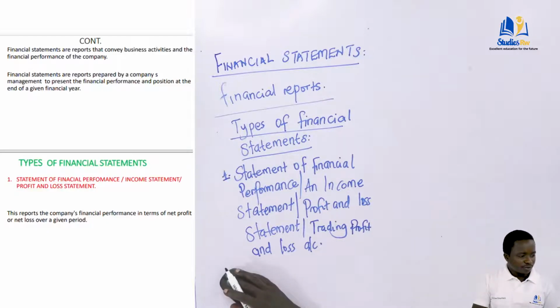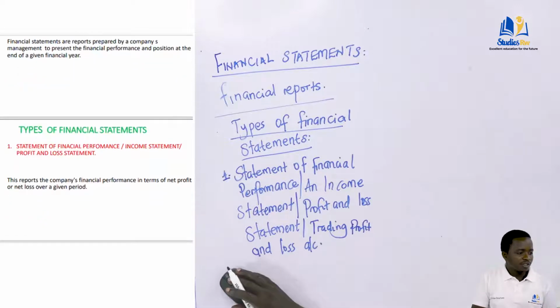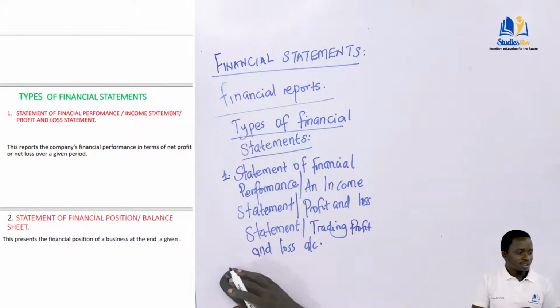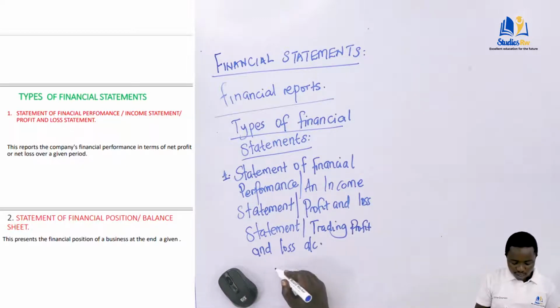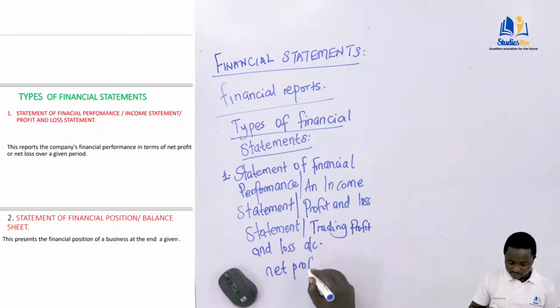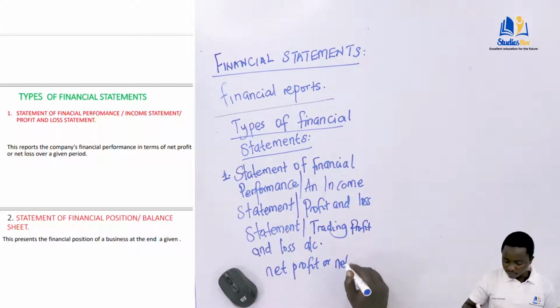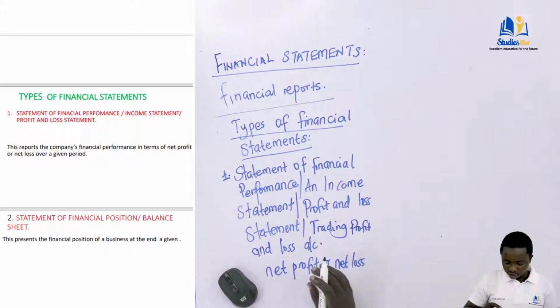If we read together from your screen, you can check. Statement of financial performance. This reports the company's financial performance in terms of net profit or net loss over a given period. So in this, we are in a position to know whether the business has made a net profit or a net loss.